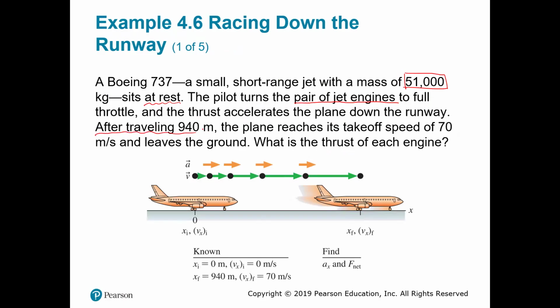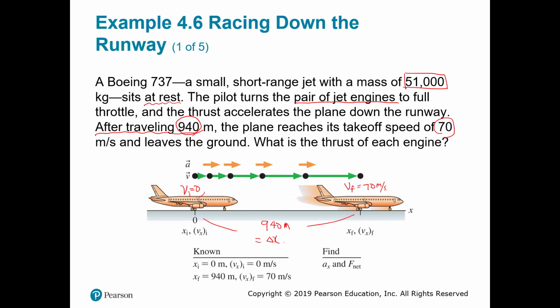After traveling 940 meters, which corresponds to delta x, the plane reaches its takeoff speed of 70 meters per second. So initial velocity is zero and final velocity is 70 meters per second, right?